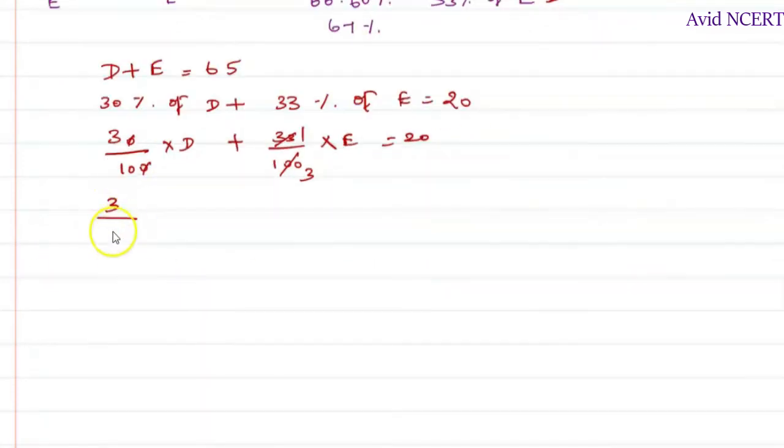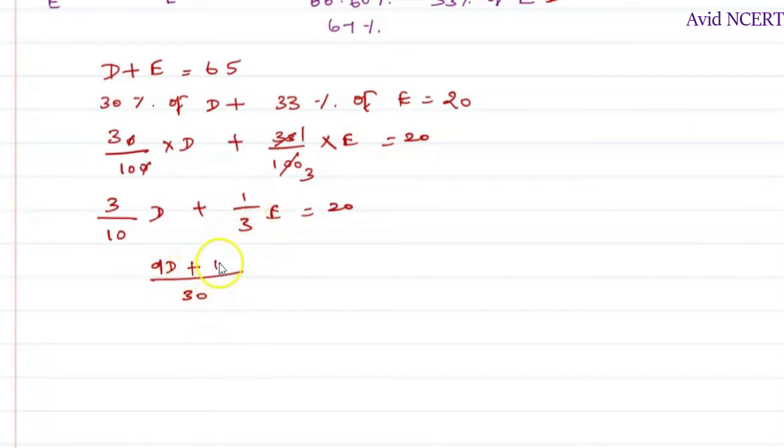So 3 by 10 D plus 1 by 3 E equals 20. Taking LCM, which is 30: 10 times 3 is 30, 3 times 3 is 9, so 9D plus 10E equals 20 times 30, that is 30 on the other side.